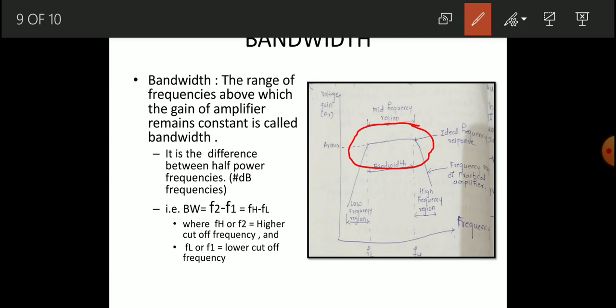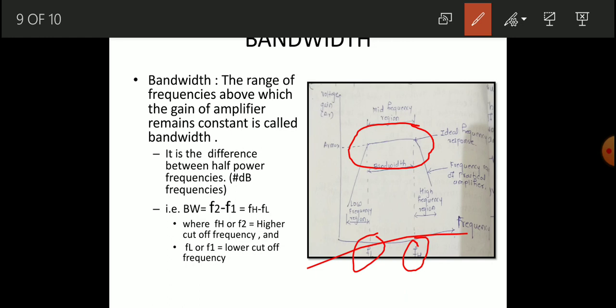It is the difference between half power frequencies. Bandwidth is defined as F2 minus F1 or FH minus FL. FH is your higher cutoff frequency and FL is your lower cutoff frequency.